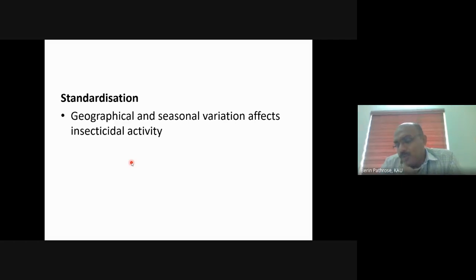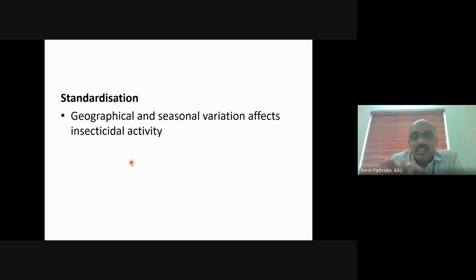I told you when we discussed the content of azadirachtin in neem seed that we are given a range of 0.2 to 0.6. We have an extremely good paper from IARI authored by Dr. B.S. Parmar, in which they analyzed the azadirachtin content of neem seeds collected from different parts of the country and during different seasons.